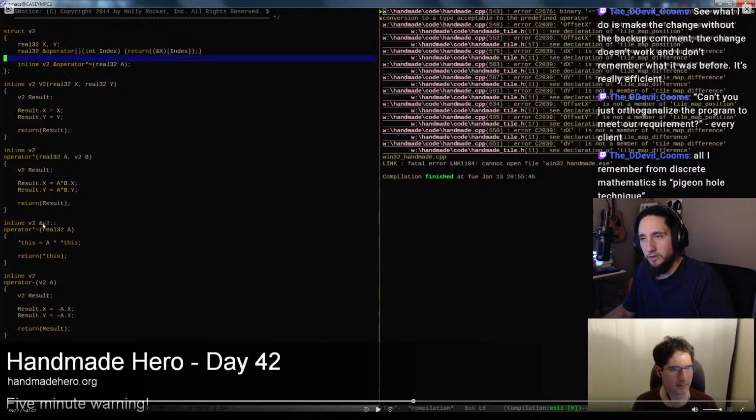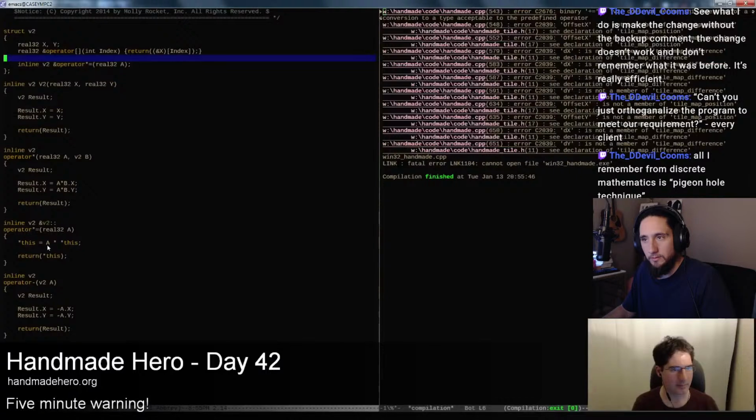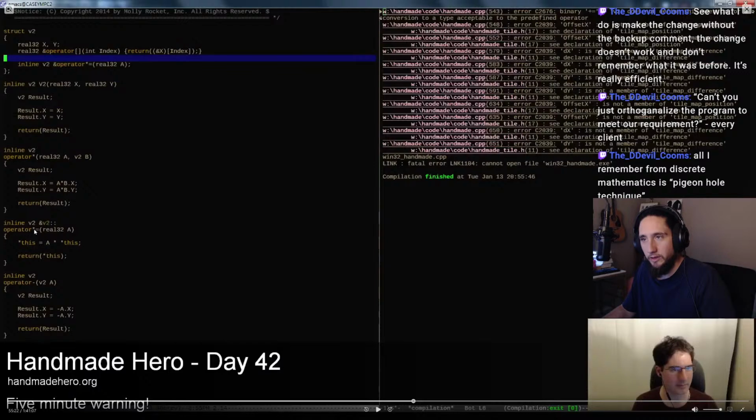I see. So it's a pointer to a v2, which this method is for, right? Or no? Because he's dereferencing this when he assigns. I think it has to be a pointer because that's how the operator overloading works, right? Like it's times equals.